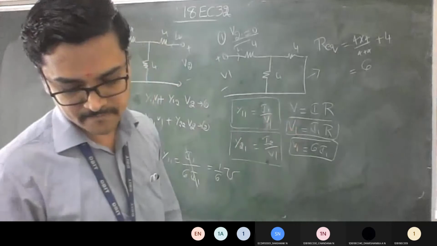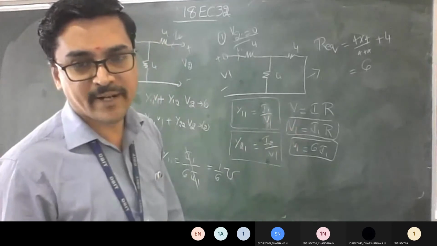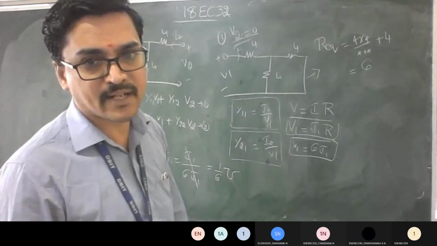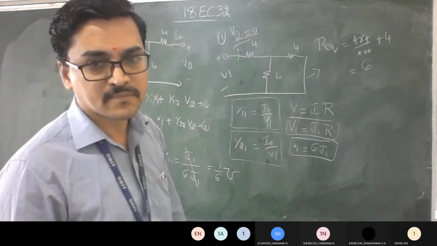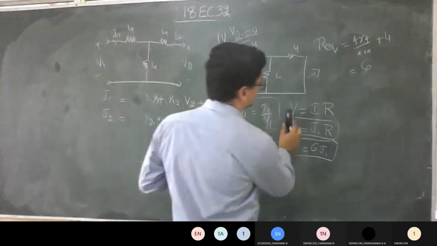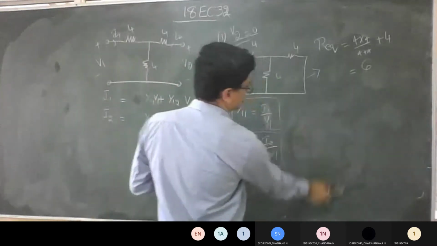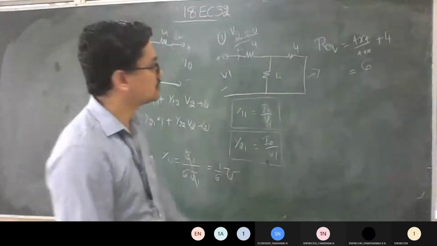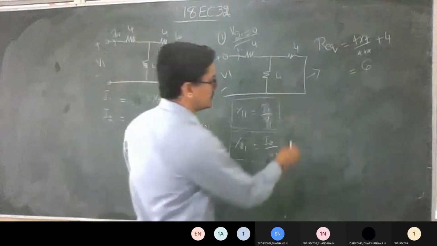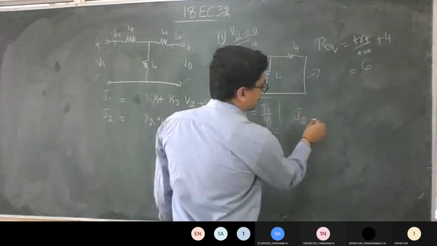What can be done? Can I implement the logic of branch current here? Yes or no? Yes, sir. So what is the branch current? Which is the branch current now? I2.